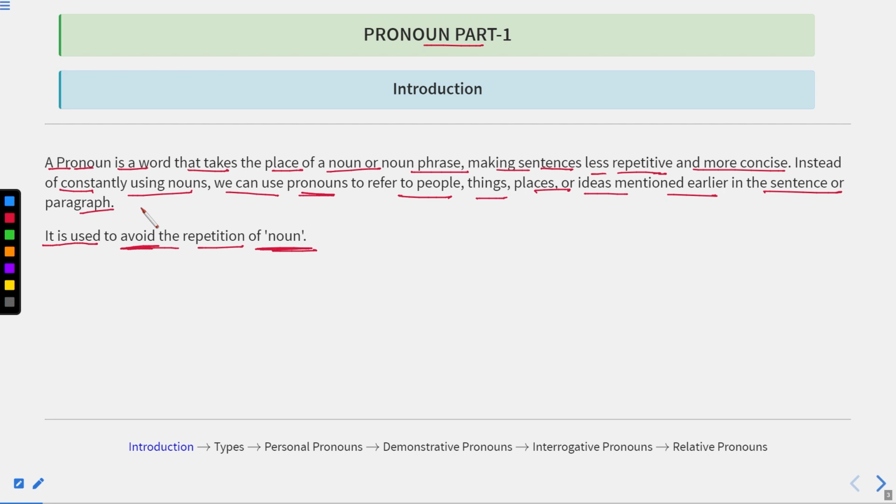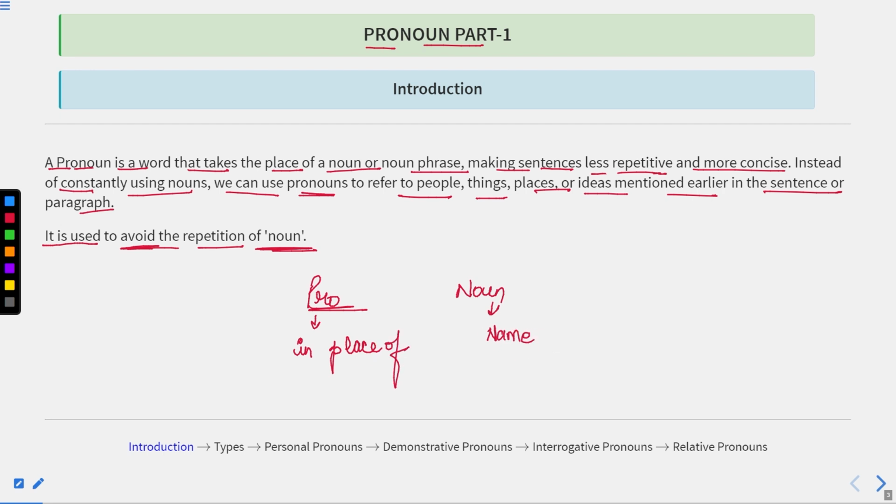So pronoun is such a word which can be used in place of noun. Now this word pronoun can be divided into two parts. One is pro and another is noun. So pro means when we keep something in place of something. Okay, so pro means in place of. And noun, we have already read that name of anything is noun. Okay. So N for name, N for noun.